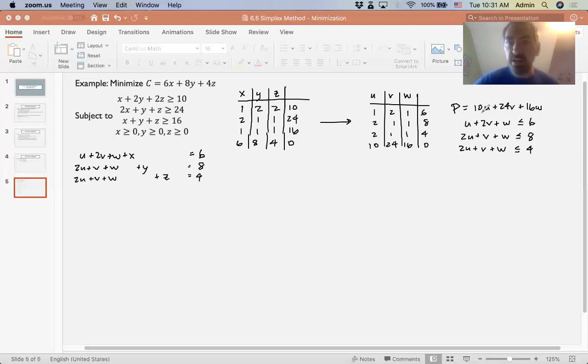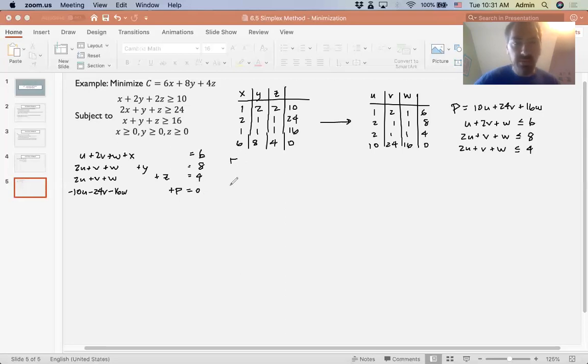And then subtracting the u, v, and w from both sides on the profit function, it is negative 10u minus 24v minus 16w plus p equals 0.